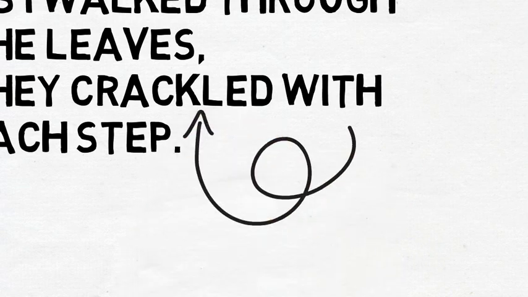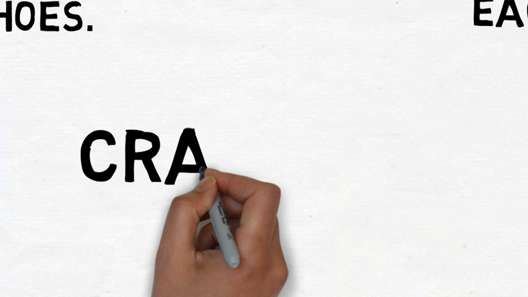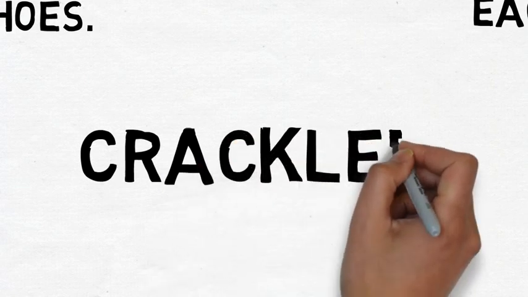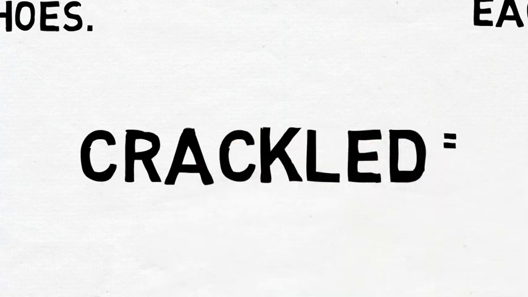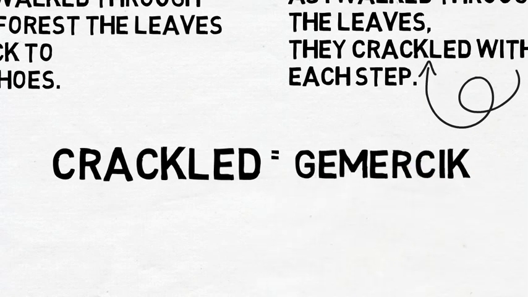Right? So crackled means itu diambil dari bunyi cracklednya. Okay? So what does crackled mean? Gemercik. Bunyi kakinya, kertak-kertuk. So they call it crackled because they hear that sound. Alright?